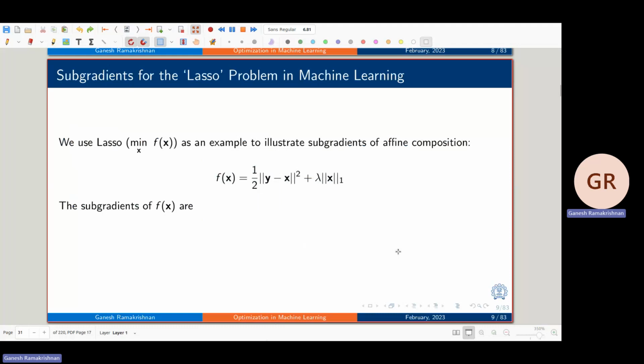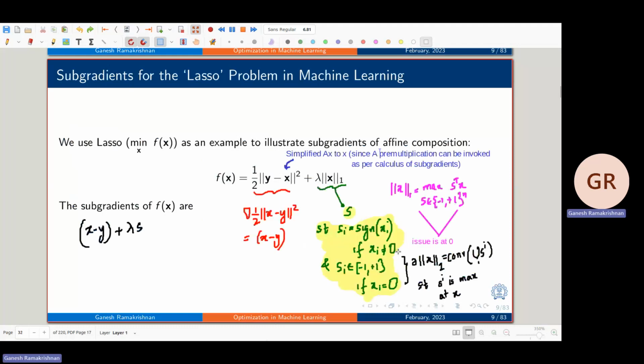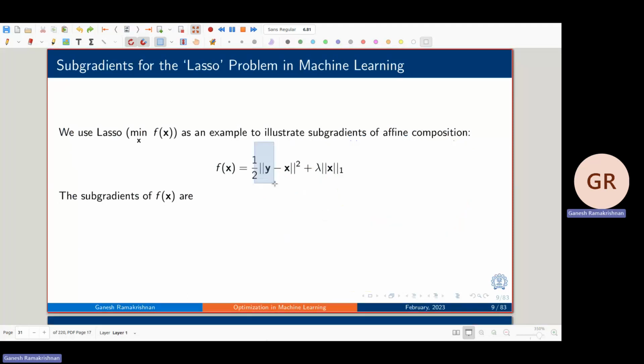I've taken a simple case where A has been set to the identity. How will you compute its subdifferential? The subdifferential of this we know, it's a convex hull. What is the subdifferential of the first component with respect to x?